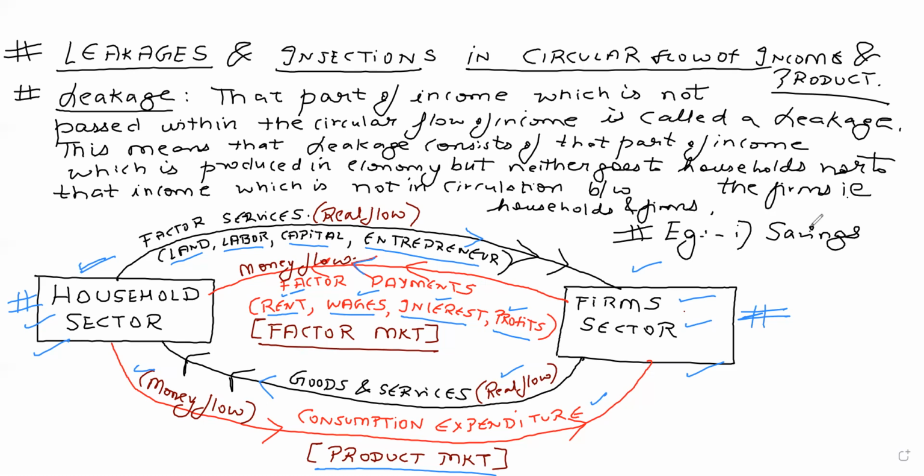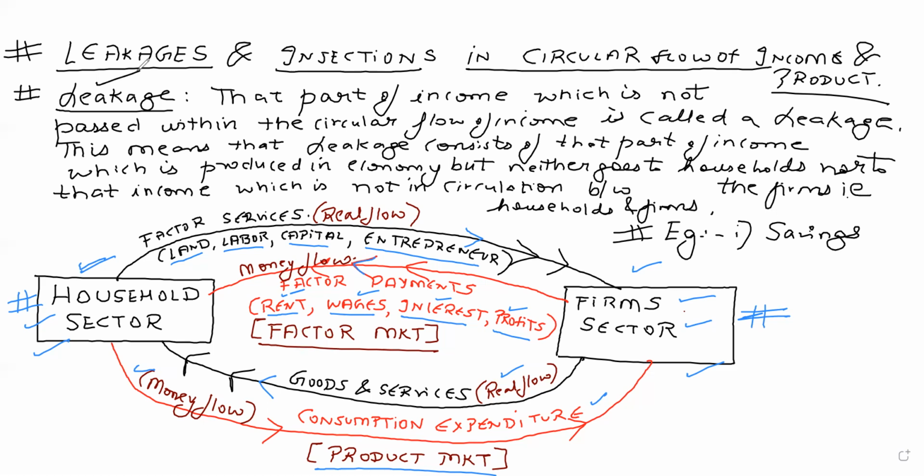Now when we are saving our income, is it getting circulated? You need to ask yourself, if I am saving my income with myself, it means I'm not spending it. If I'm not spending it, it is not getting circulated. So it is a leakage.